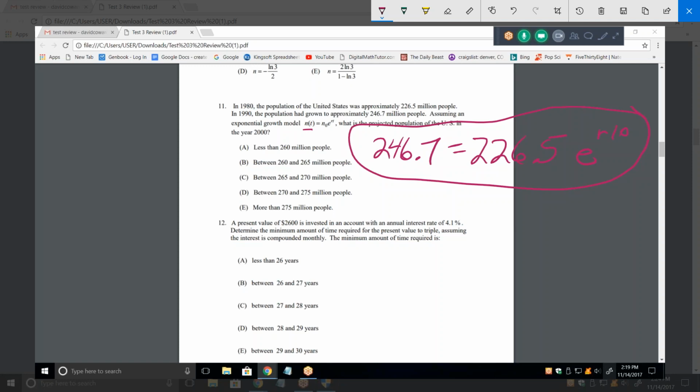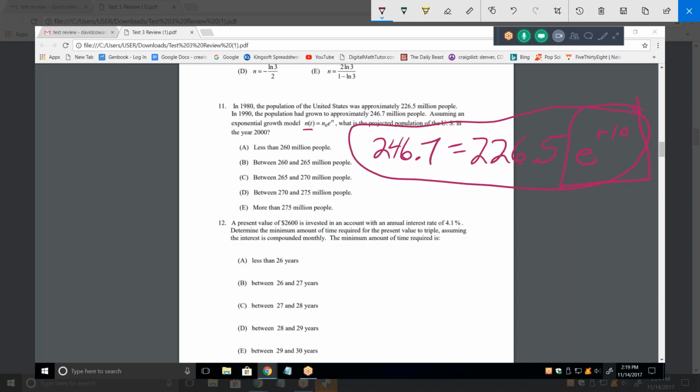That's the whole reason logs were invented, so that you could solve exponential equations. In order to solve an exponential equation, I've got to isolate that first. So how do I do that? Divide by 226.5.